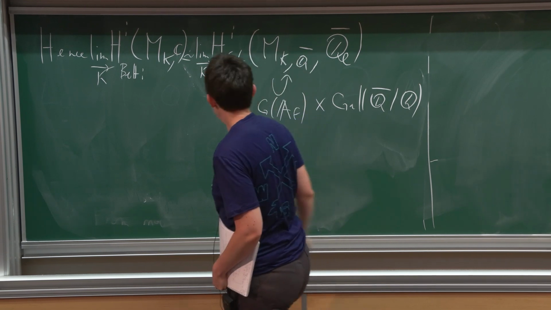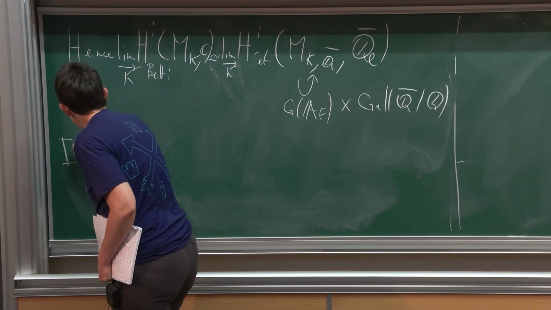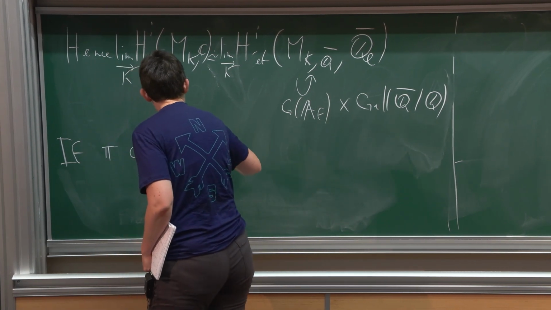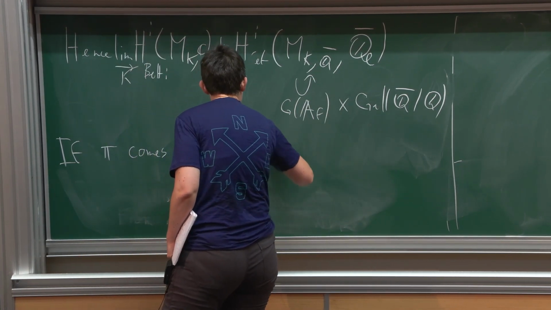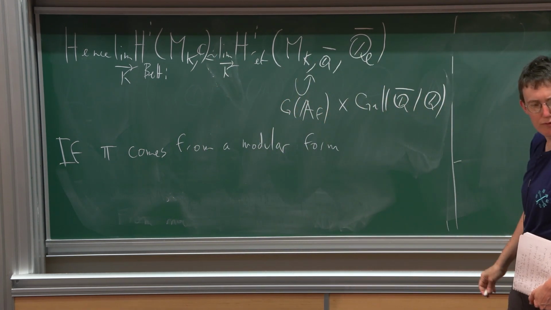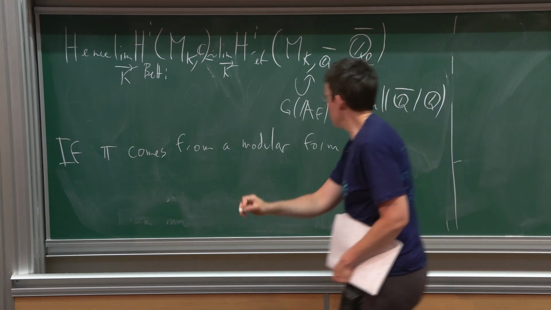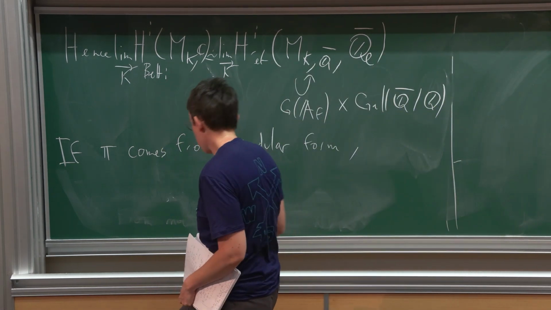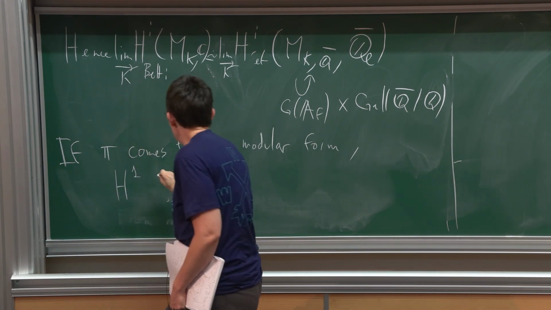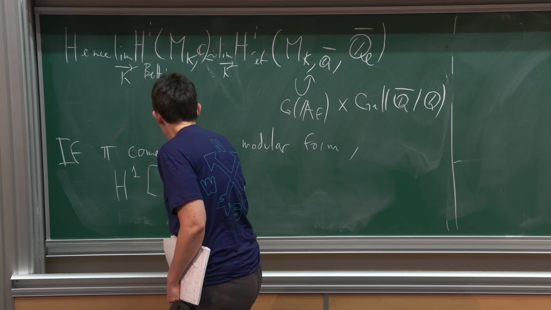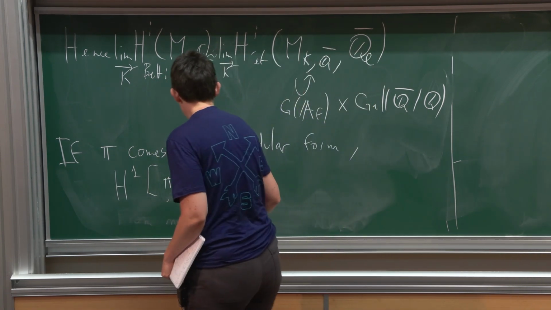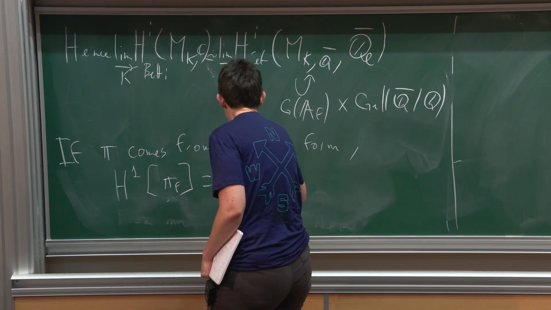And then, if you have an automorphic representation coming from a modular form, and you look at H1 of this thing, the pi_f isotypical component is going to be something that I can call sigma of pi.